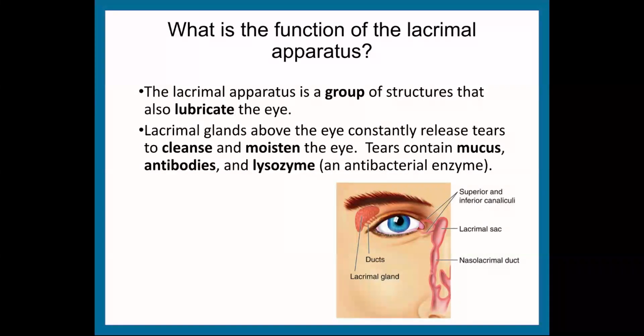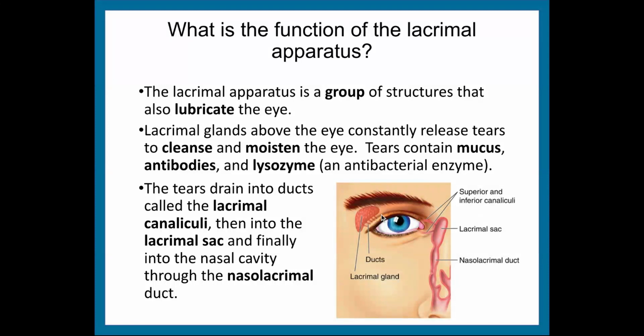These tears cleanse and moisten the eye because the tears contain mucus, antibodies, and lysozyme, which is an antibacterial enzyme. So you can tell here they're killing bacteria and maybe other germs that come in contact with your eye. So your tears are really important for that reason.